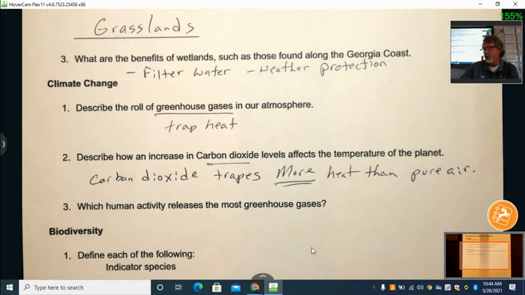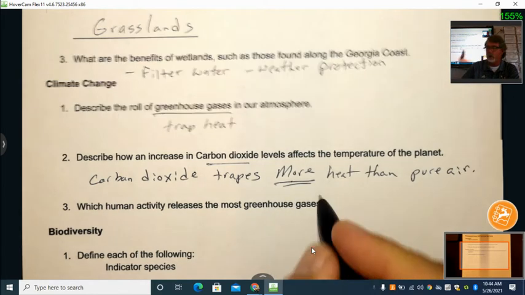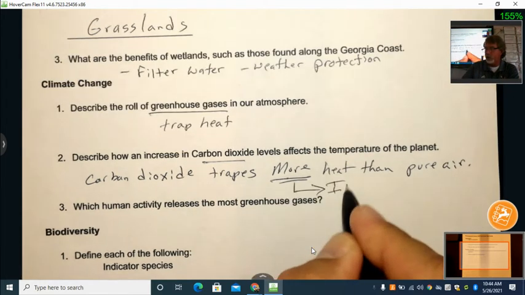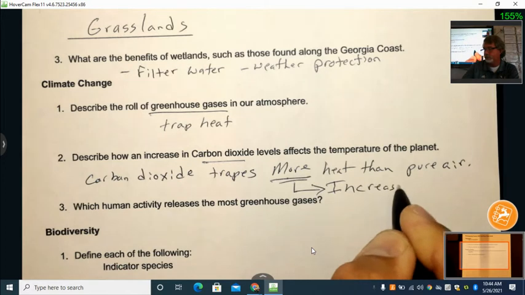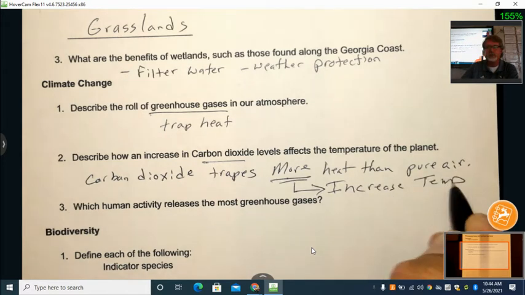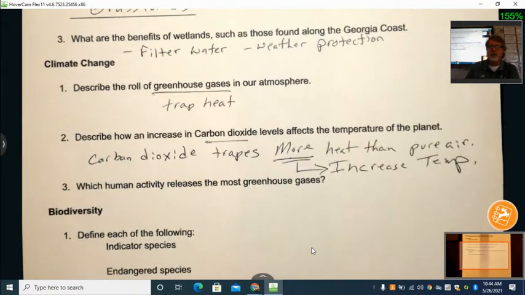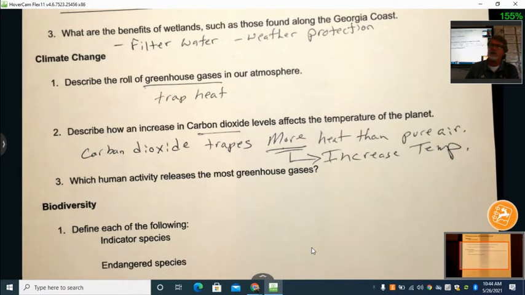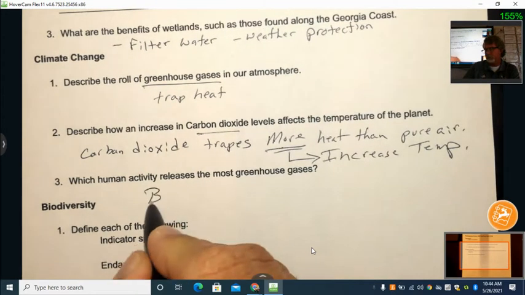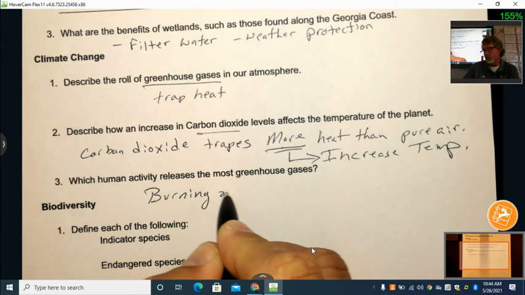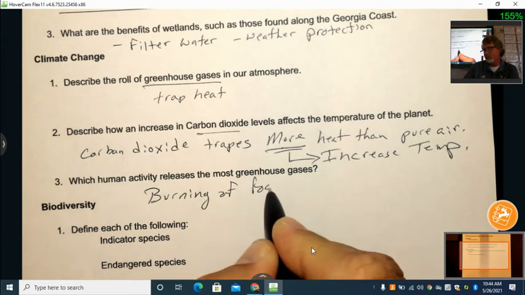All right, so if it traps more heat than pure air, we're going to eventually increase the temperature. All right, good deal. Which human activity releases the most greenhouse gases? Yeah, burning of fossil fuels.